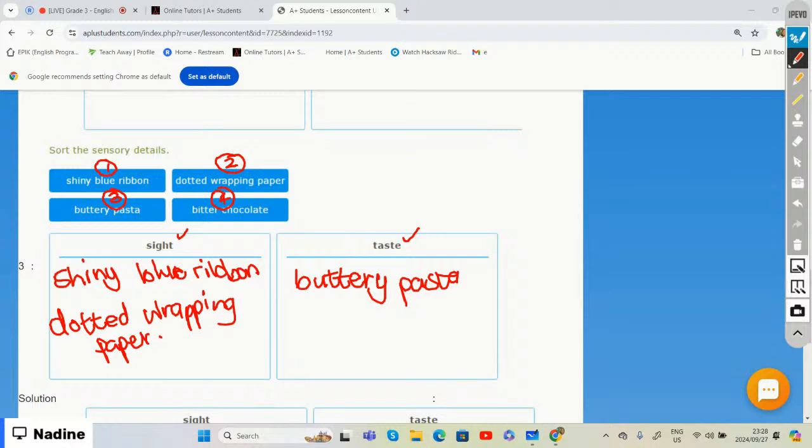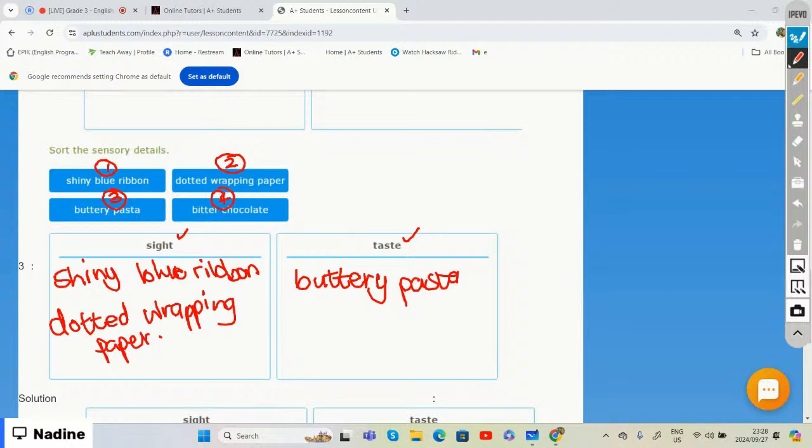Is bitter chocolate something that you can see or something that you can taste? All right.